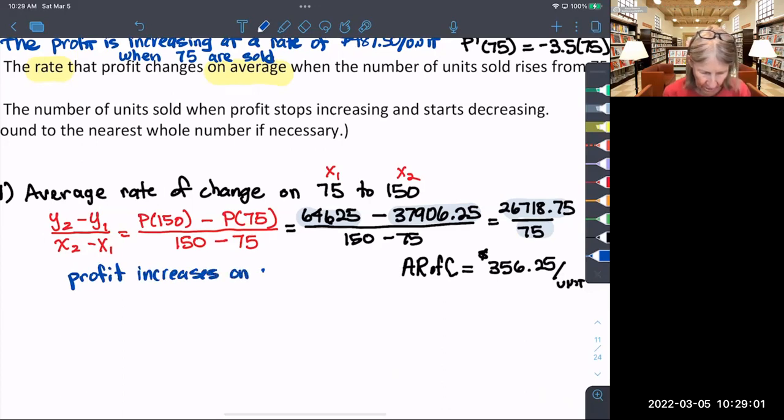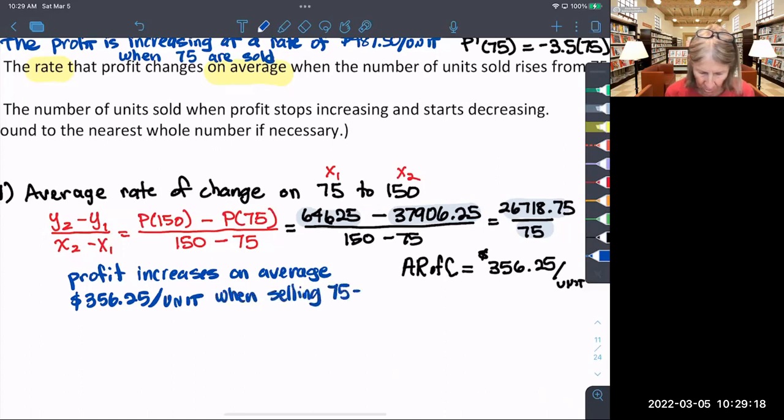On average, okay, because this is an average rate of change. So 356.25 per unit, okay, when selling 75 to 150 units.